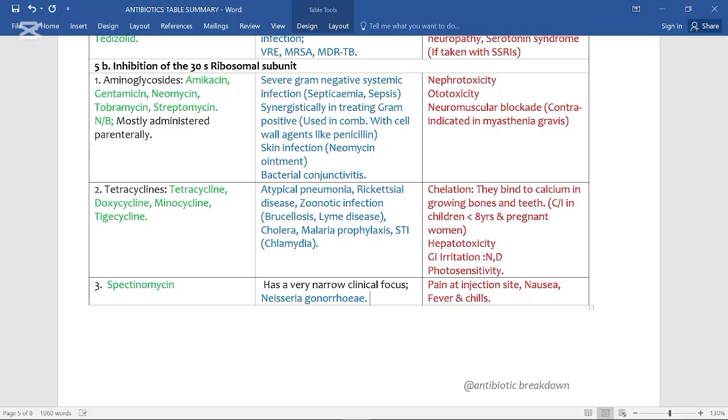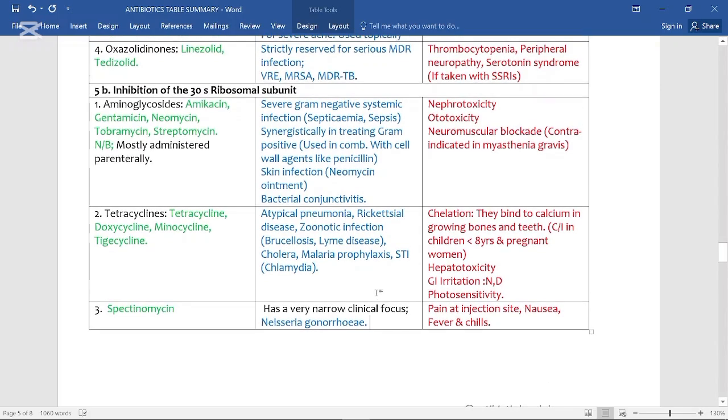So it was a very nice episode 6 on antibiotic breakdown. This is the last class on antibiotics. We have looked at some of the common antibiotics that you may come across, be it amikacin, gentamicin, ceftriaxone, Flagyl, metronidazole. When you come across a drug, you have to know its class, its indication, and its side effects.